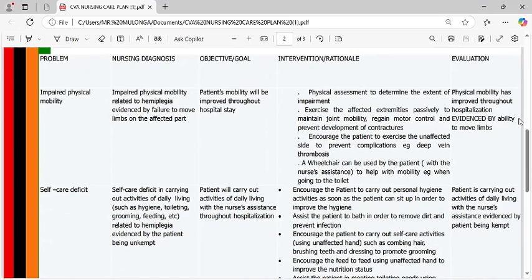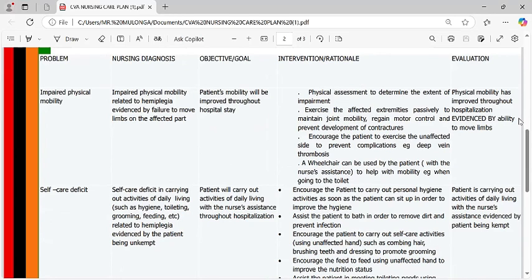So that's our problem. When we move to the nursing diagnosis, the nursing diagnosis is impaired physical mobility related to hemiplegia, evidenced by failure to move limbs on the affected part. Just like we said, this paralysis can affect both legs, both the legs and the arms, or it can affect just one leg, one arm, but it is what we call paralysis.